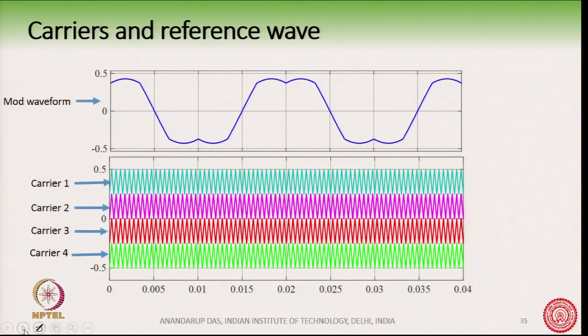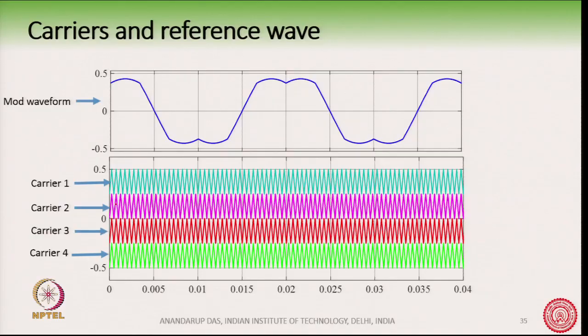Which means that if the modulating waveform's total height is 1, then the height of each carrier is 0.25. Basically, the idea is that the carriers should span the entire waveform.